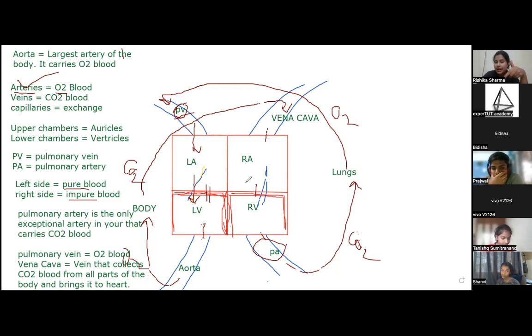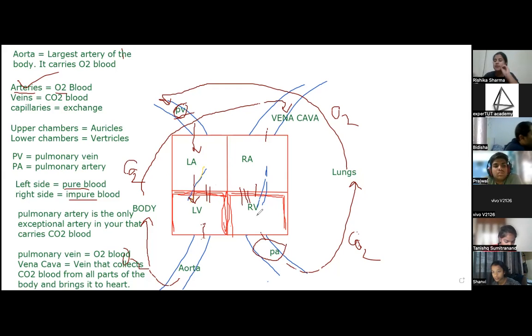And in between right auricle and right ventricle, also you have valves. Over here, I have made 2 lines, and over here, I have made 3 lines. Because between the left auricle and left ventricle, you have the bicuspid valve. And between the right auricle and right ventricle, you have a tricuspid valve.